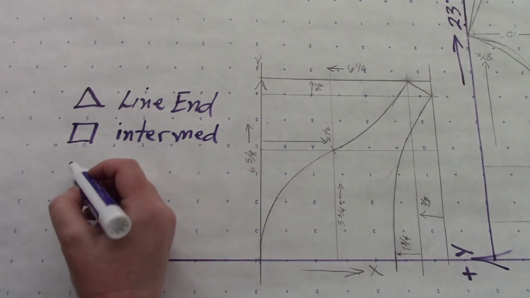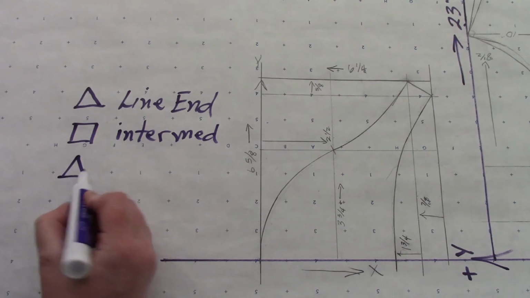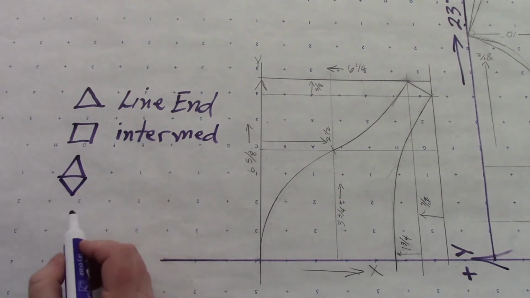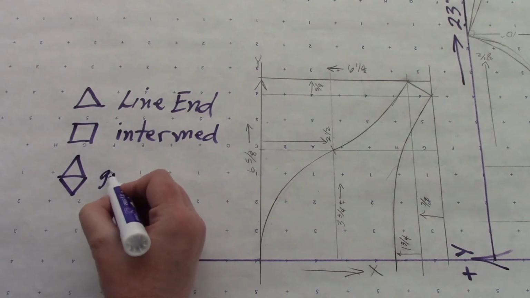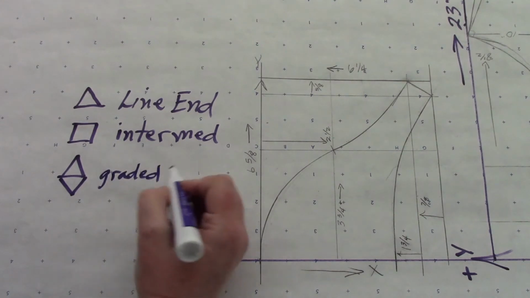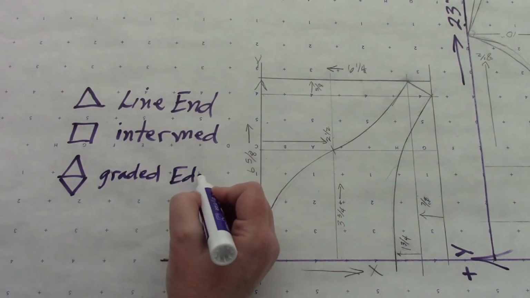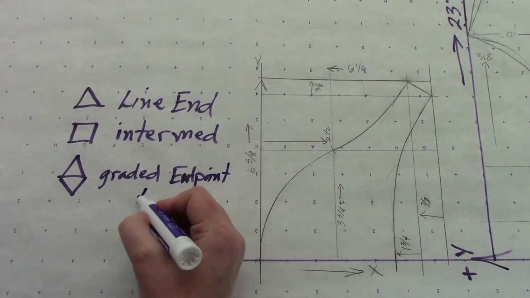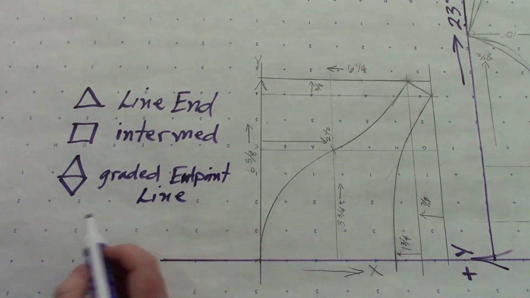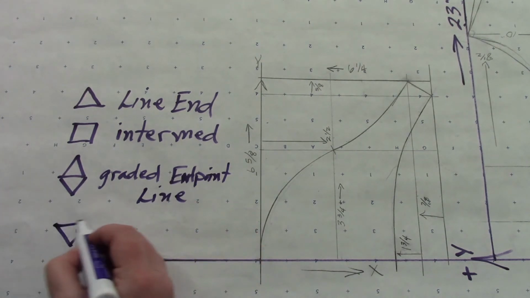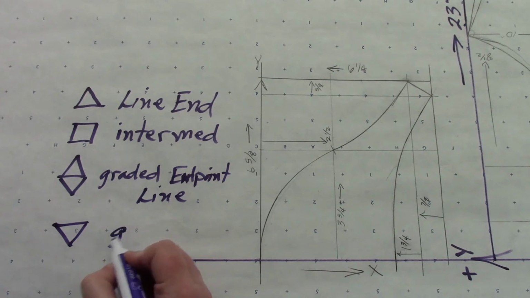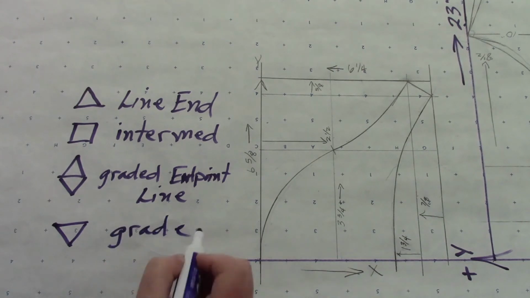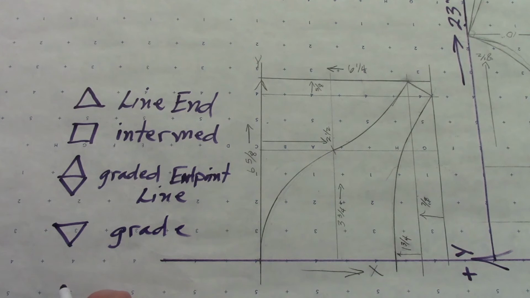And when you have an upward triangle and a downward triangle together, that is the graded end point of a line. And sometimes you'll see a downward triangle, which is just where a grade rule is. So memorize those for the quiz.